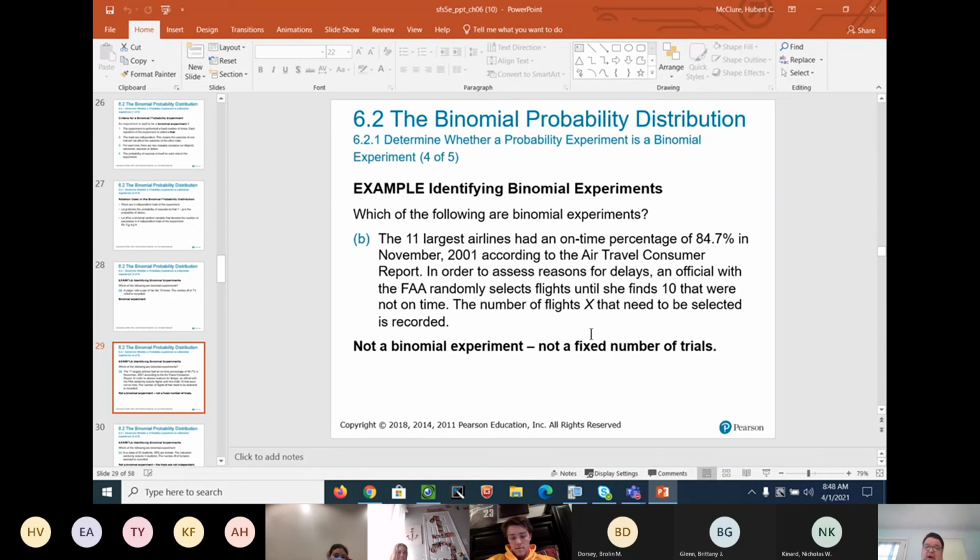Yeah. All right. Somebody tell me why there's not a fixed number of trials. I mean, you've got the 11 largest airlines. You've got P. You've got X is 10. Why isn't it a fixed number of trials? Anybody want to take a stab at it? It says until she finds 10.